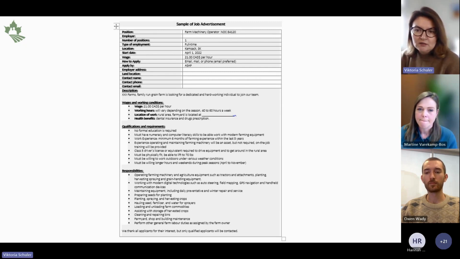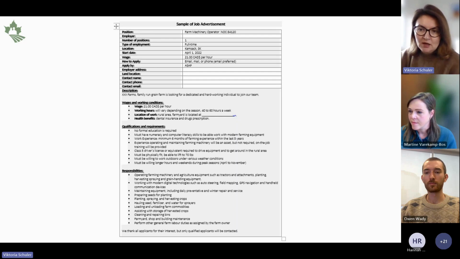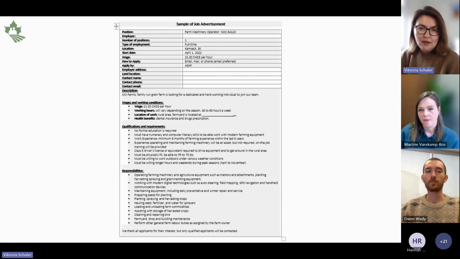There was a comment: if the wage is 18 per hour and you are requesting operating equipment and more experience, would they require the employer to pay the workers more? The bottom line is you need to pay the wage that is determined by ESDC. In the agricultural stream there are wage tables, and we provided a link to that.